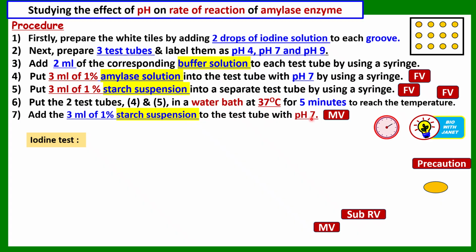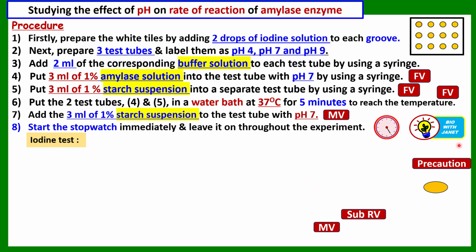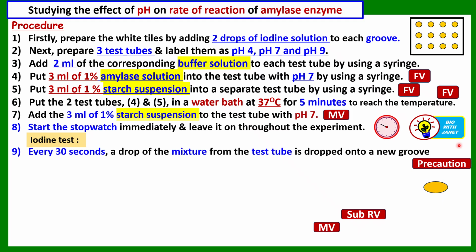So here's your MV, pH 7, and you can now add the 3 ml of 1% starch suspension to the test tube containing the buffer solution and the amylase enzyme. That means add number 5 to number 4. Next, start the stopwatch immediately and leave it on throughout the experiment.